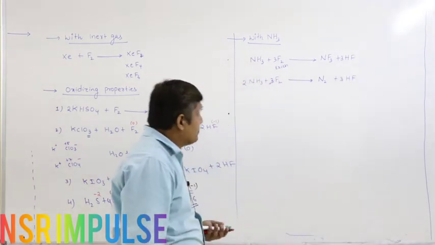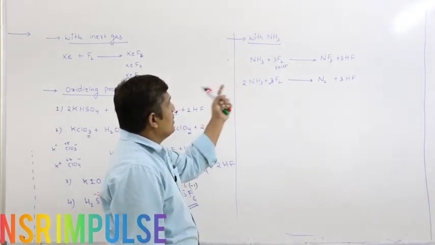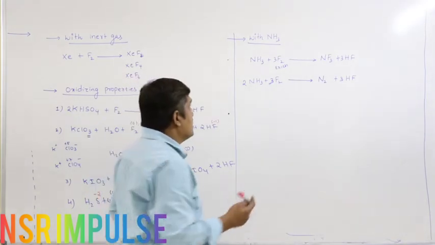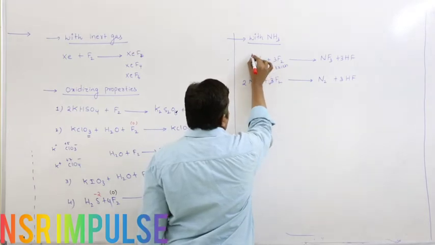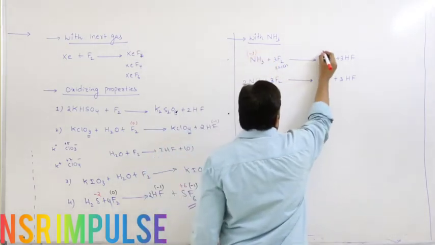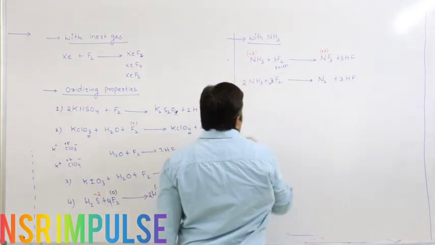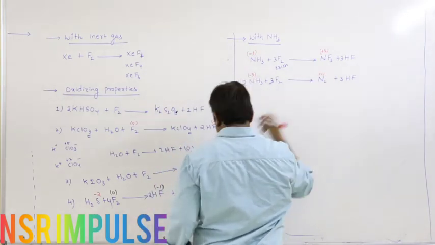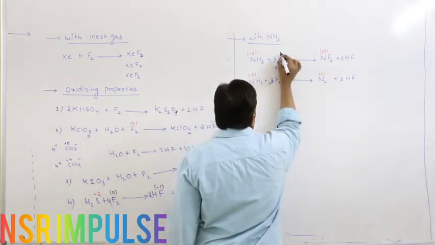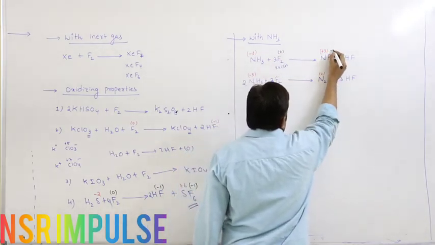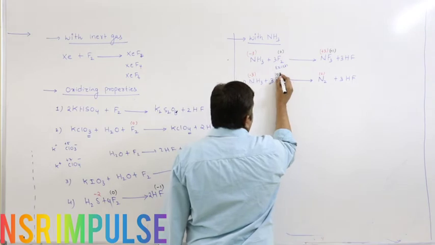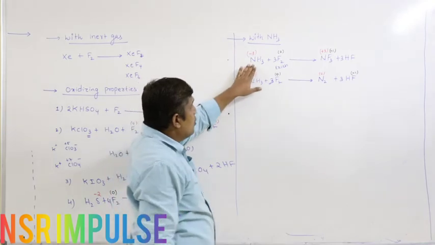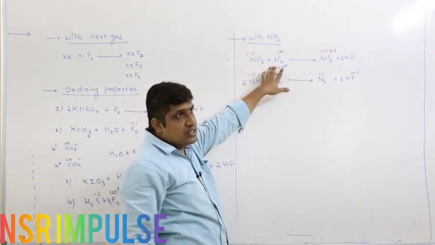Now, how to remember this? Is it balanced? Yes. NF3. First, let us assign the oxidation state, then we will see. What is the oxidation state of nitrogen here? It is -3. Now here it is +3. What is the oxidation state of nitrogen here? It is -3. Here it is 0. Coming to fluorine, this is 0, -1, 0. Anyway, it is -1. Now, if ammonia combines with excess of fluorine, you will get nitrogen.